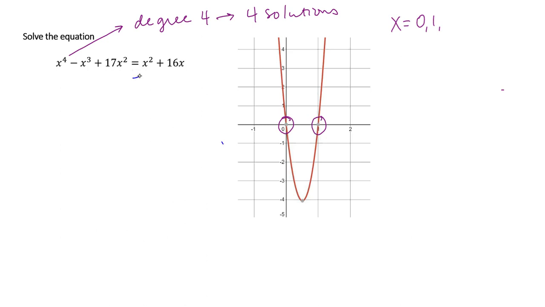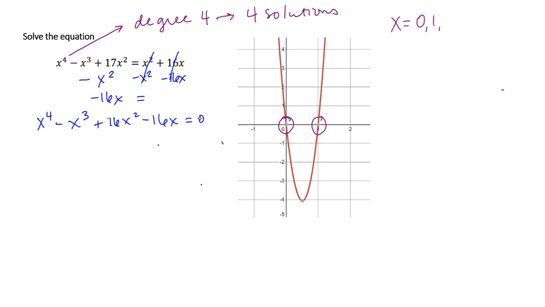So first step is we got to get it equal to 0. It's got to look like that whole function set equal to 0 thing before we can apply everything we've got. So we've got x to the 4th minus x cubed plus 16x squared minus 16x.